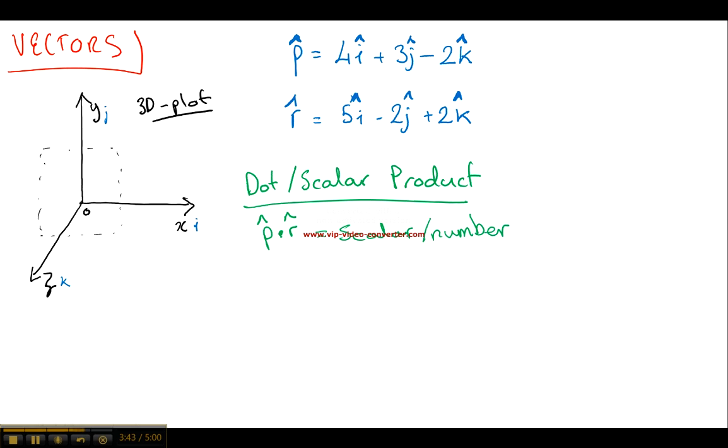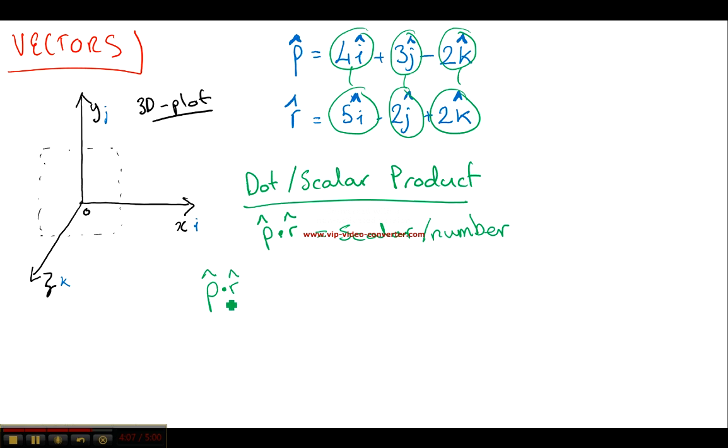How we do that is we simply take the two i coordinates and multiply them by each other, the two j's, multiply them, and the two k's, multiply them, and add them all together. So we'll say p dot r, and just as a quick note, the dot is in the center, it's not a lower dot, so that signifies the dot product.